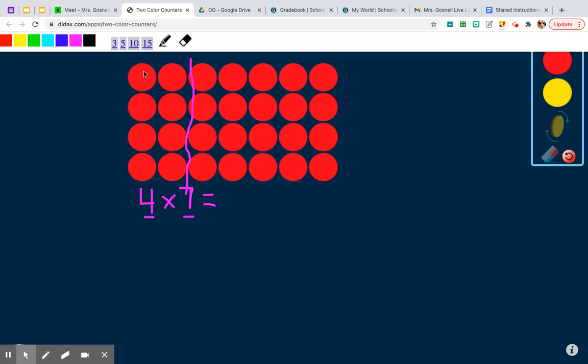Notice that if I add 2 and 5, I get 7. So pretty much all you did was you had 7, and you decomposed 7 into 2 and 5. That's all you did.